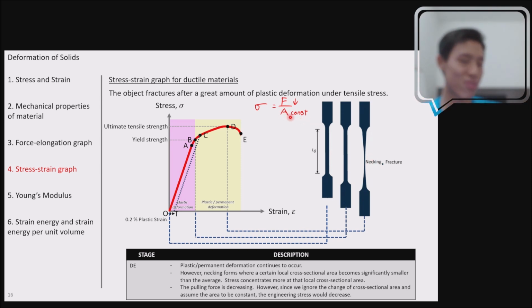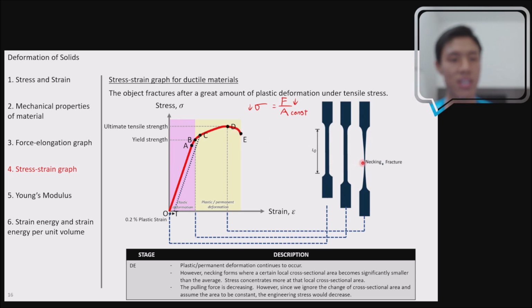So the area is supposed to decrease, but for the sake of calculating engineering stress, we assume this cross-sectional area to be constant. And because we assume it to be constant, the stress will drop together with the force that drops as well. So the pulling force drops, the area is constant, so the stress will drop. That's why you see the stress drops from D to E. So that's the idea of what happened right now.